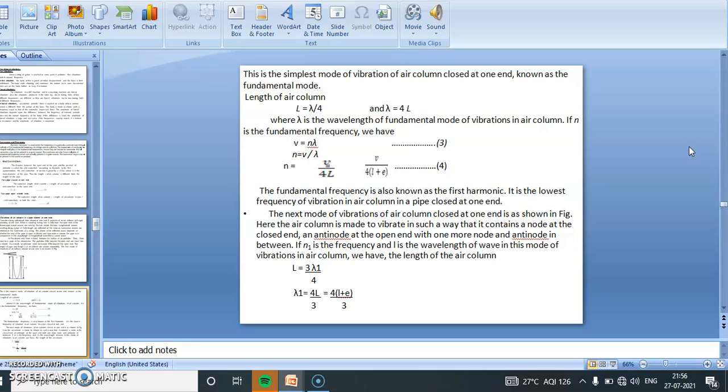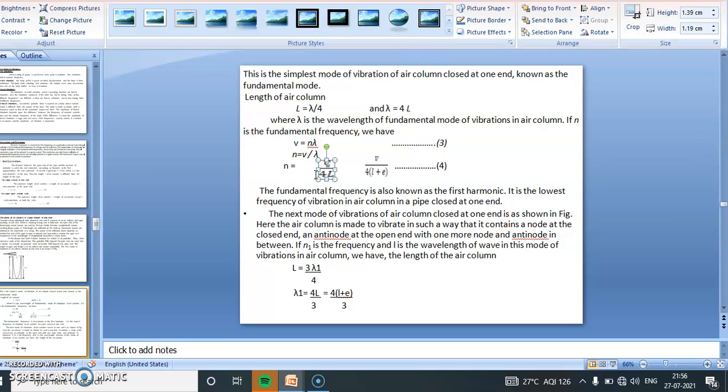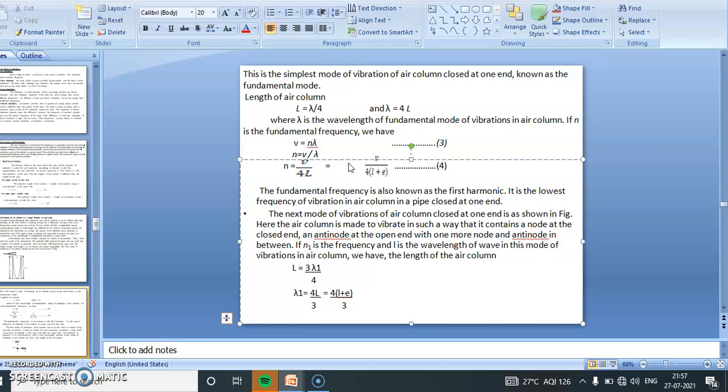Put the value of lambda is equal to 4L. Then the equation becomes n is equal to V upon 4L. Put the value of capital L is equal to small l plus e. Means frequency n is equal to V upon 4 times (l plus e).